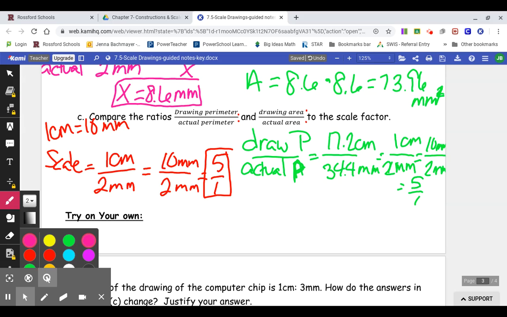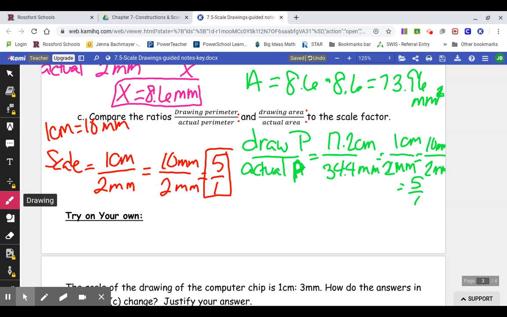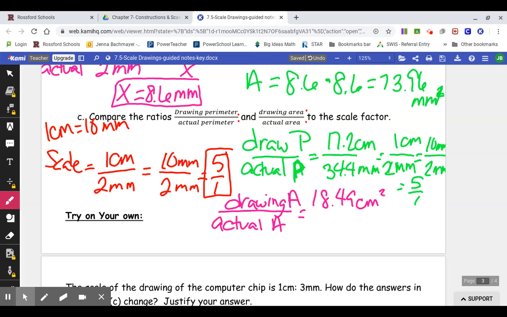Okay, let's look at our area. The drawing area compared to the actual area, we're going to do the same type of thing. We're going to do 18.49 centimeters squared compared to 73.96 millimeters squared. I'm able to reduce these down, so I have 1 centimeter squared for every 2 millimeters squared.